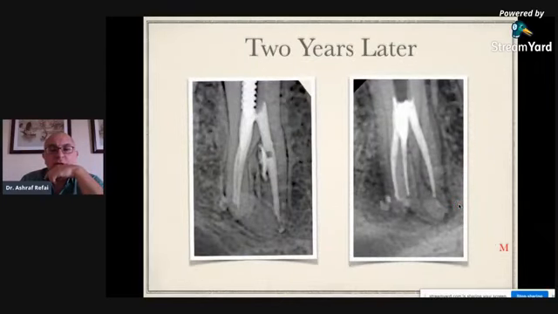This is immediately postoperative. And this is 2 years later. You can see there's no radiolucency in the apical area, and the lateral lesion has healed completely. See that? So this indicates that really there was a lateral lesion here and not an apical one.